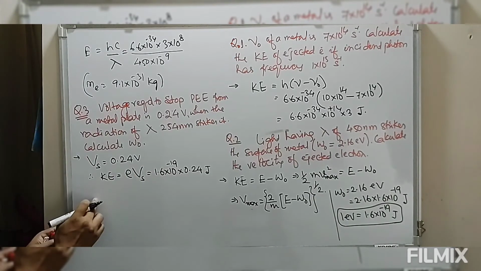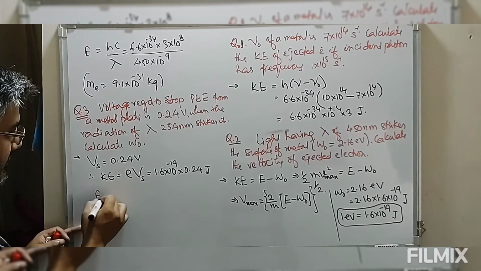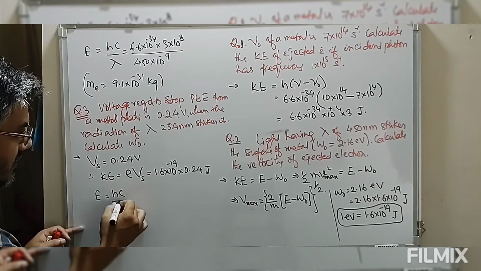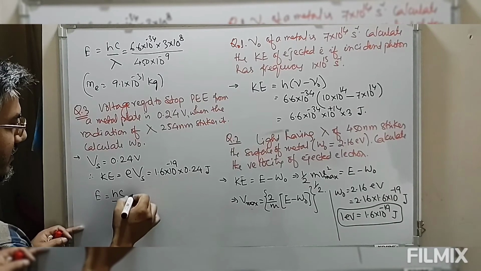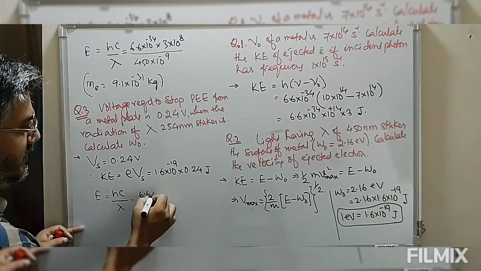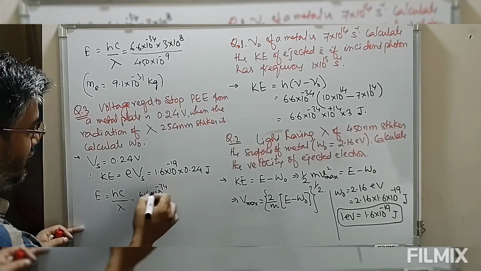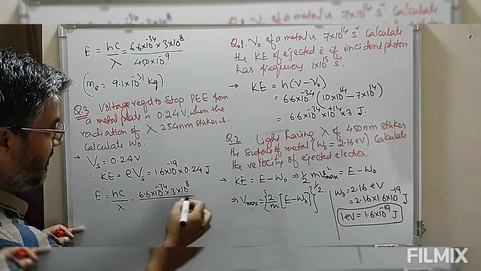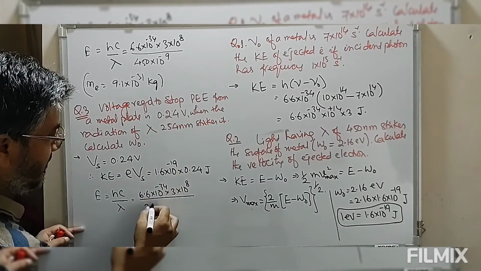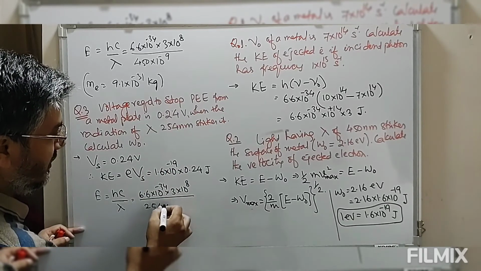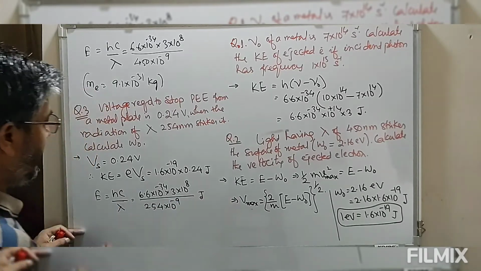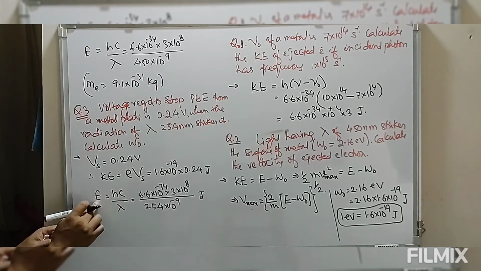So we have this energy. Now we have this incident photon light. Incident photon energy is hc by λ. h is 6.6 × 10^-34, c is 3 × 10^8, divided by wavelength 254 nanometers, so 254 × 10^-9 meters. So this is again in joule. We have the kinetic energy and we have the incident photon energy.